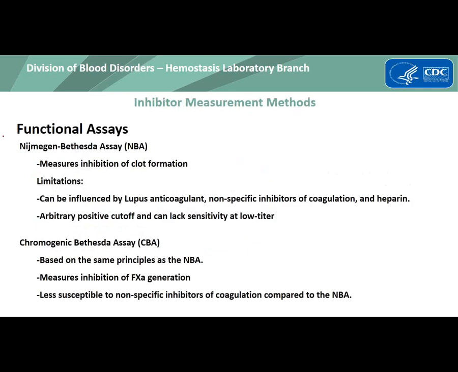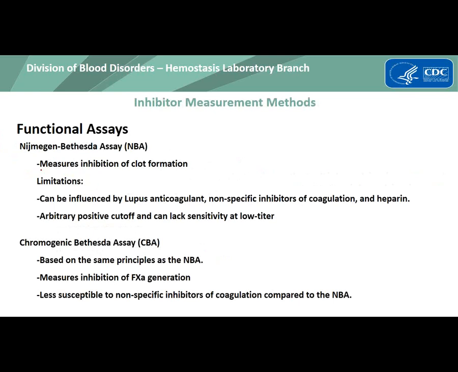So the gold standard inhibitor test is the Nijmegen-Bethesda assay. This is an assay that measures inhibition of clot formation when patient specimen is mixed with a pooled normal plasma. And I'll get more into the details in a few slides on the mechanisms that these assays use.